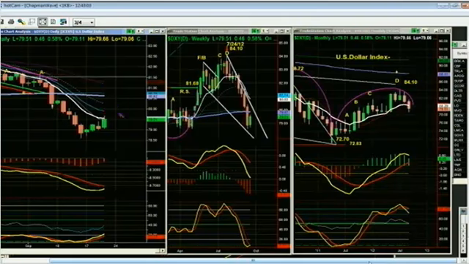So this means that unless the dollar, the stochastic, which is 17% in my work, the stochastic is very important, needs to get way above 25 into the 30s to really show that it's got strength to rally further. And the MACD, which has not yet crossed positive, the yellow line over the red line, that's not good. It needs to decisively close above it.